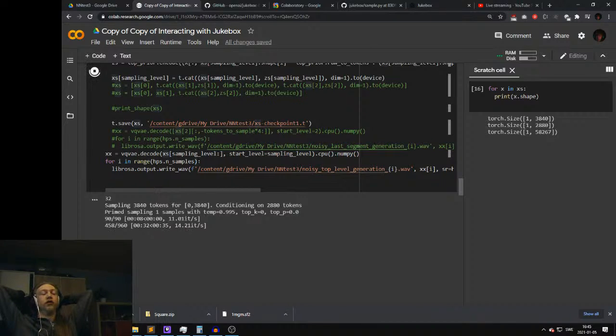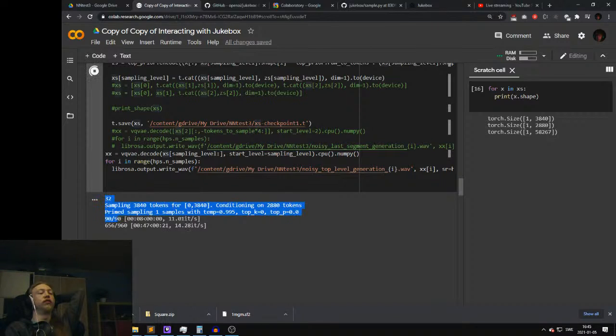Not quite by half, but it depends on the beat length, because of this right here. I assume that's what the conditioning is.